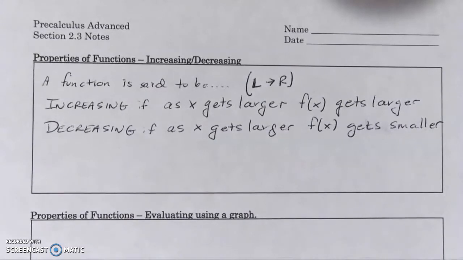Okay? So when we're thinking of increasing and decreasing intervals, we really want to read the graph from left to right. I'm going to start all the way on the left. We're going to see, all right, is it increasing or decreasing to what point? Then has it changed? Is it now increasing or decreasing? And then we go all the way to the right of the graph.